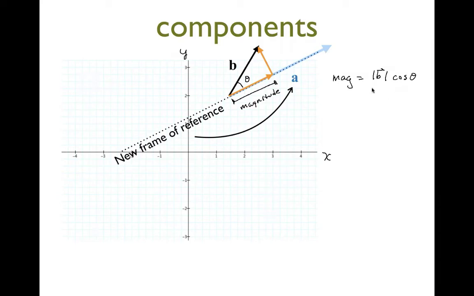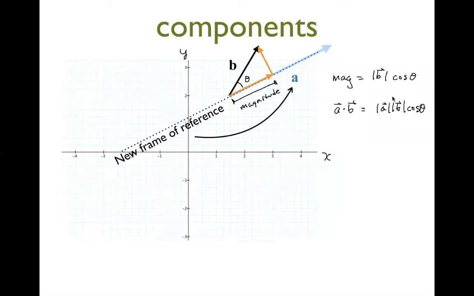But that looks a lot similar to what? Finding the x component, we use the x as our frame of reference. Yep, that's true. But it also looks a lot like this, doesn't it? The dot product of those two vectors would be the product of the magnitudes cosine theta.